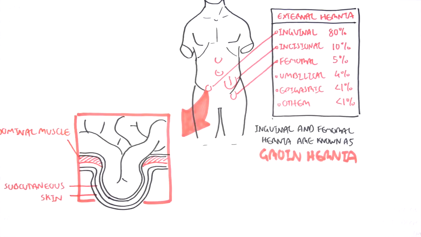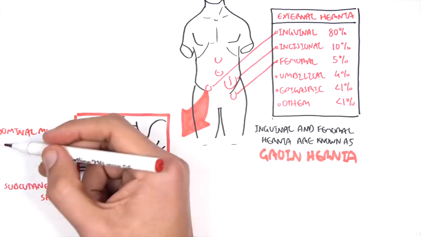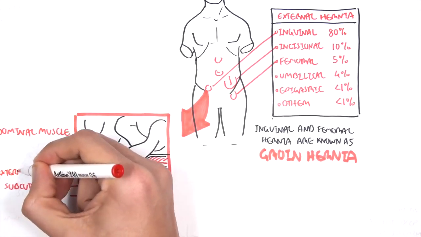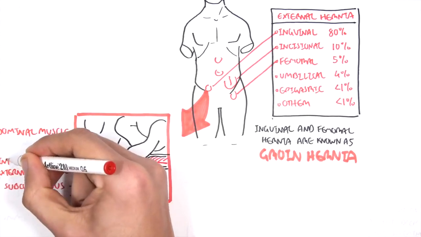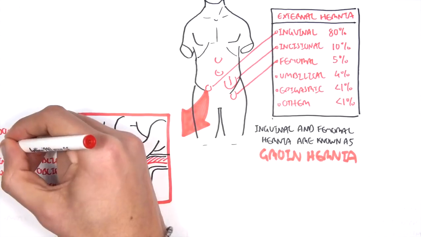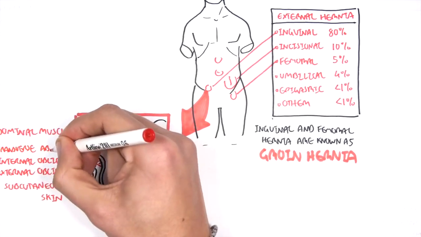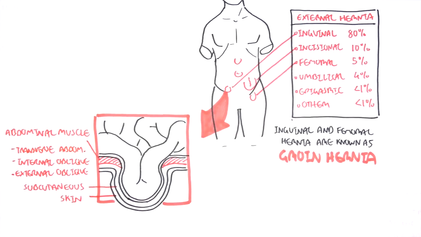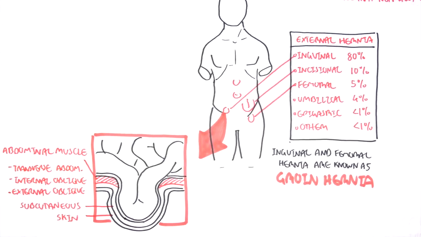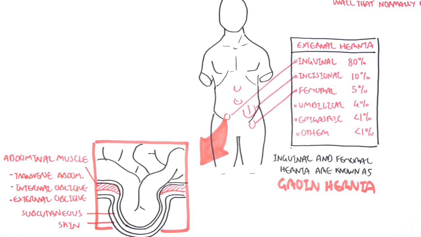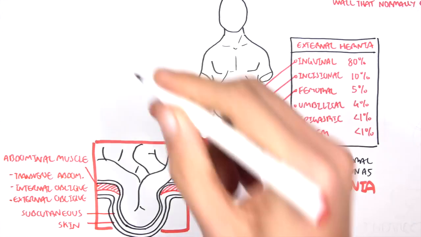There are 3 abdominal muscles: from the outside, the external oblique, the internal oblique, and the transversus abdominis. So again, an inguinal hernia is essentially the bulge or protrusion of an organ, here the intestine, through the abdominal wall.